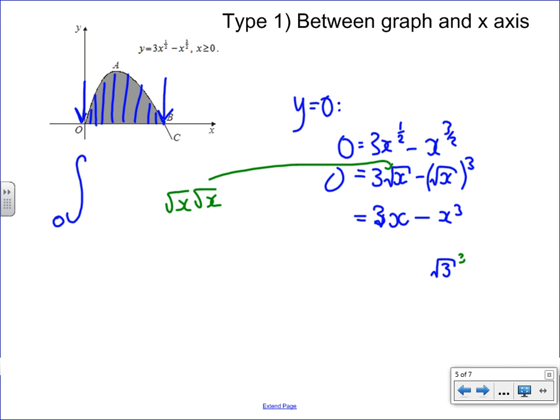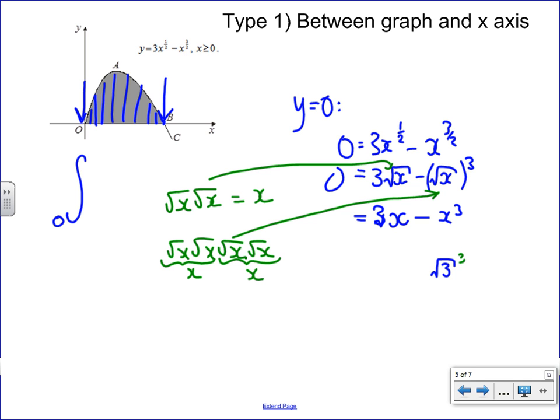Once we times it by the root x, which is x, and then here we've already got root x times root x times root x, and then we're timesing it by another root x. So this is an x, and this is an x. So we're actually going to end up with x squared there. I think. Do you agree with that? I do. Yeah, I do.